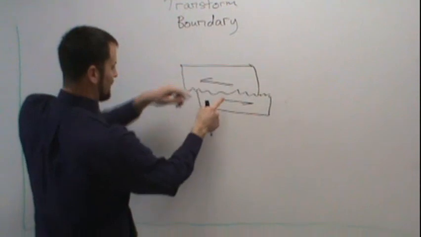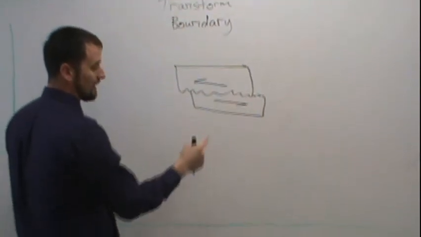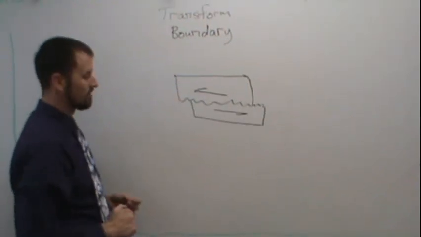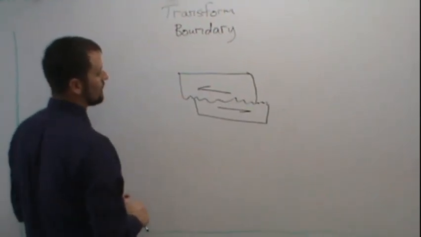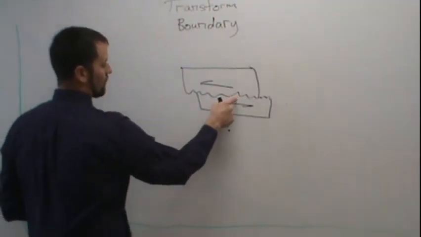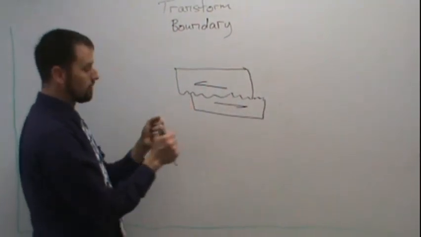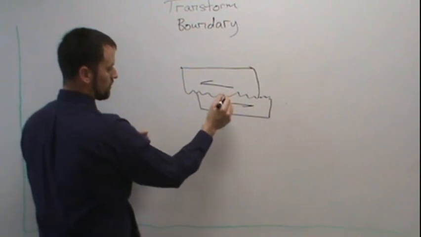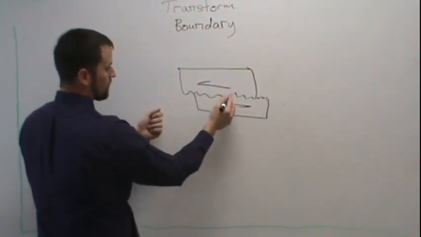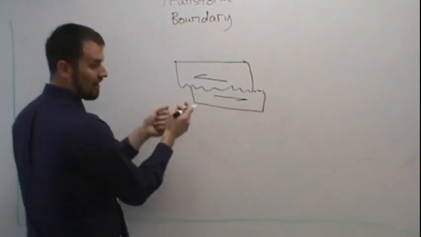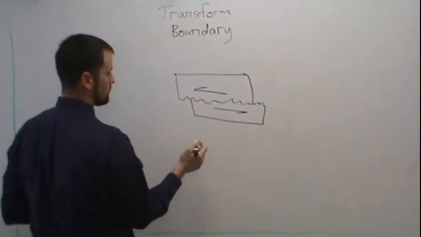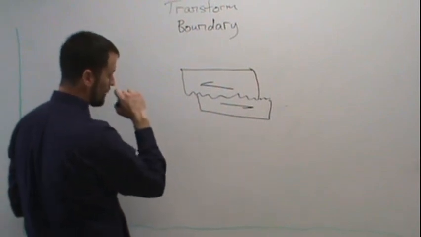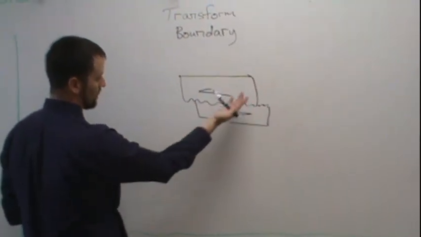And so as they're moving, they get caught. They get jammed up here and they create hills, like the rolling hills we have here in San Jose. And once there's so much stress building up that they can't hold, it's going to break. It'll break where the boundary meets, where it's stuck, and cause an earthquake. So that's why we have a lot of earthquakes here. All right? So this is a transform boundary.